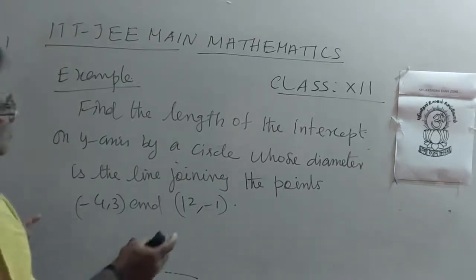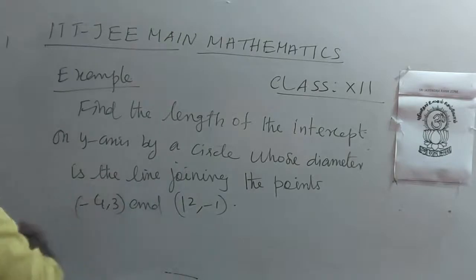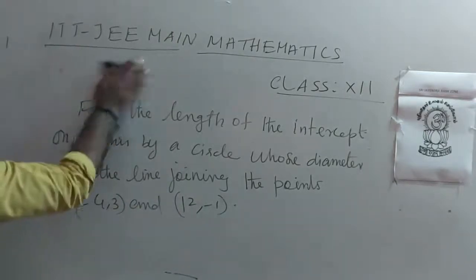So first of all, you have to find the circle, then you have to find the intercept on y axis. The endpoints of the diameter are given.